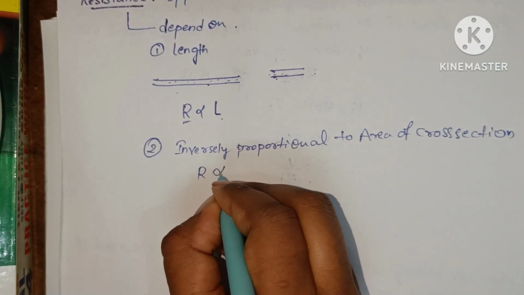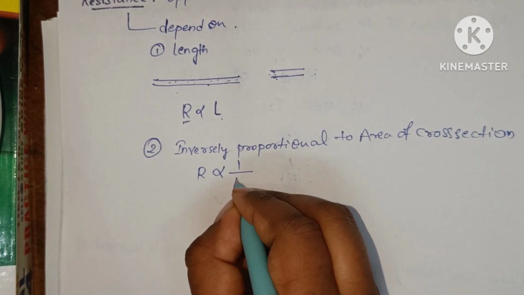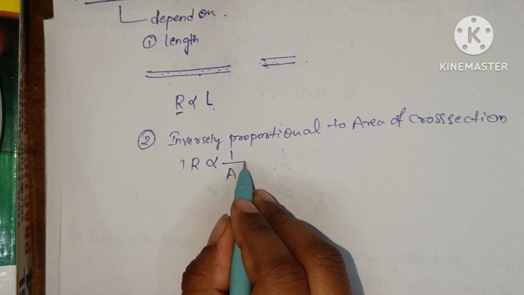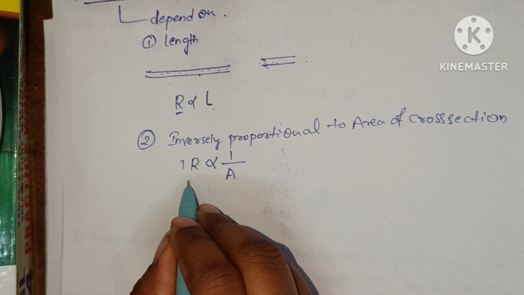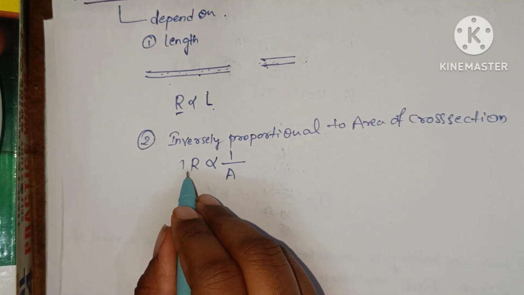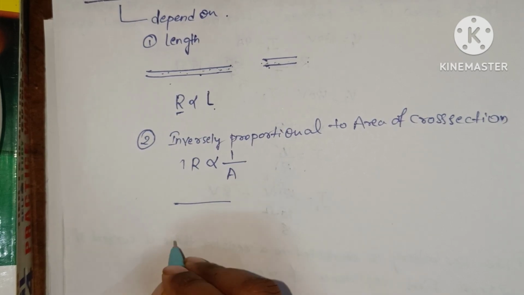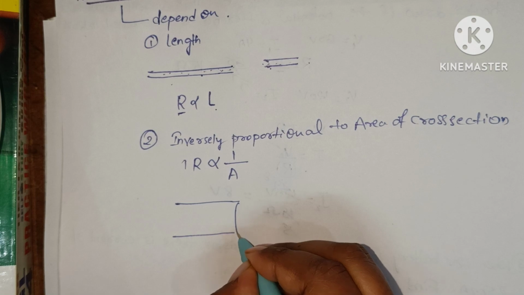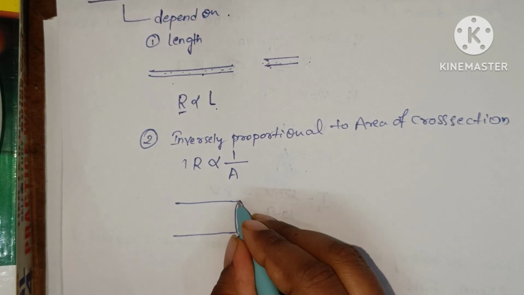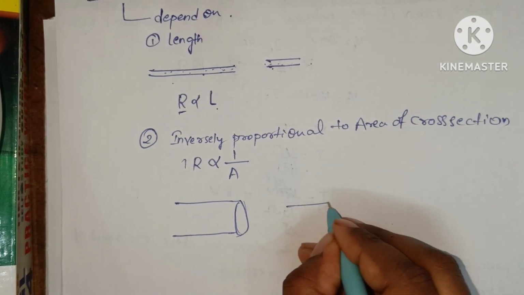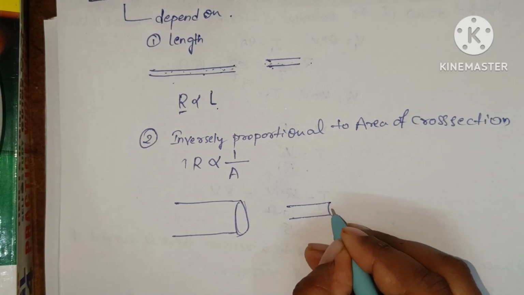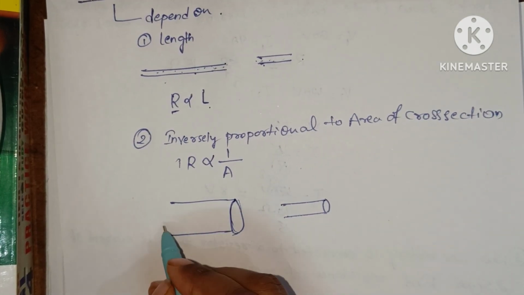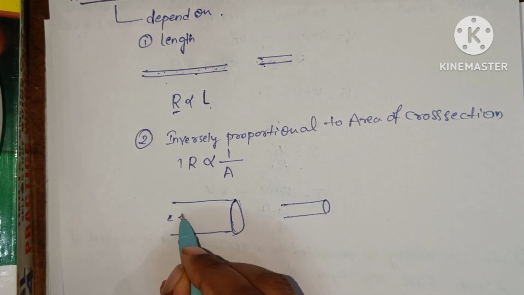That means the resistance depends on area. How does it depend? Inversely proportional. How will you write it? 1 by A. Inversely proportional means what? As area increases, resistance decreases. As area decreases, resistance increases. For example, if you take a metal wire with more area of cross section, and I take another wire with less area of cross section, then with more area the electrons can easily come, right?